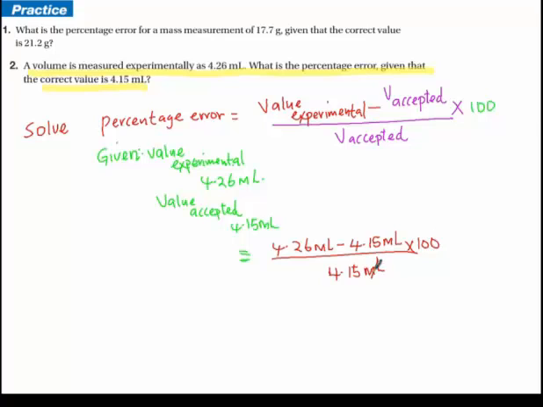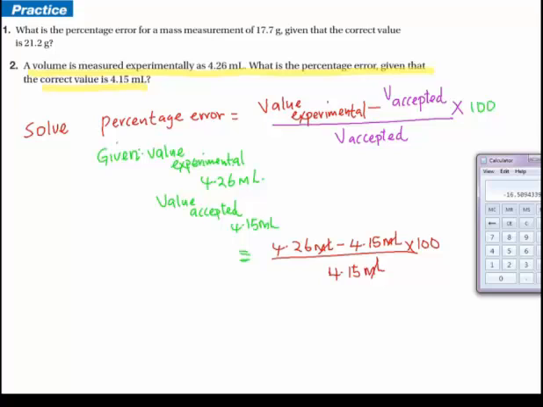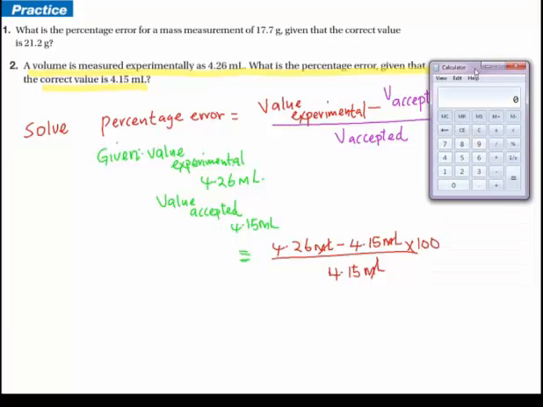Let's do it using our calculator. We have 4.26 subtract 4.15, multiply by 100, then divide by 4.15.